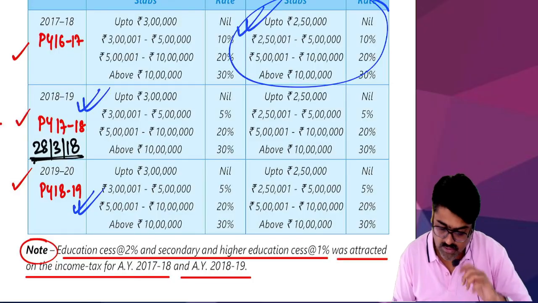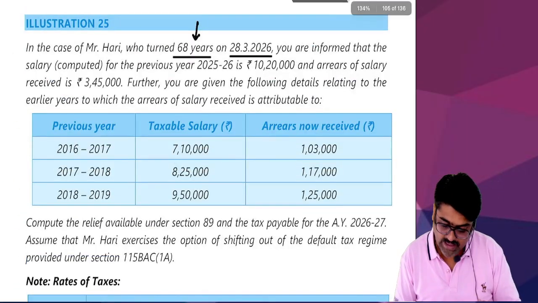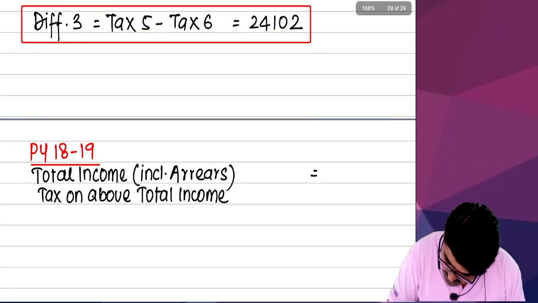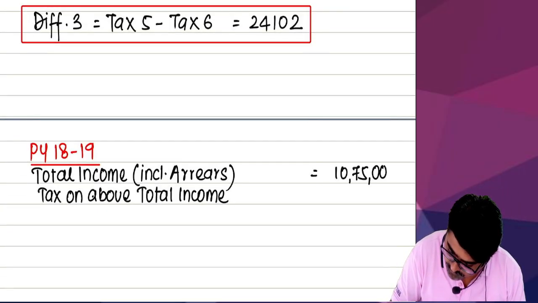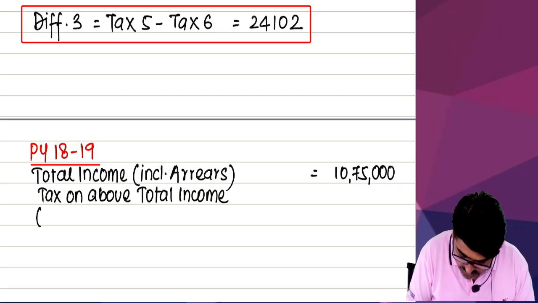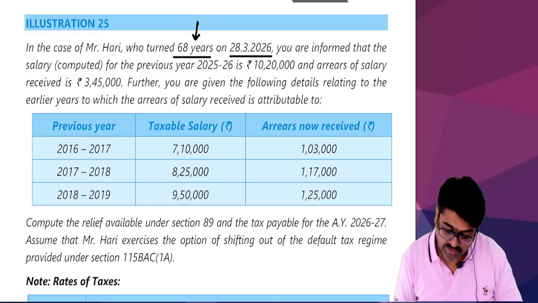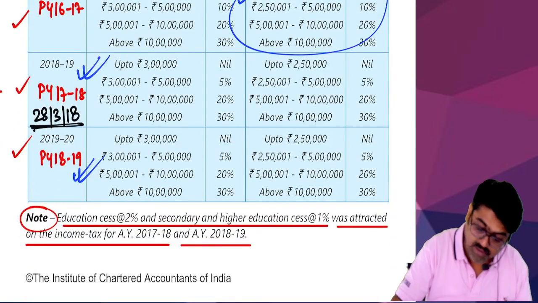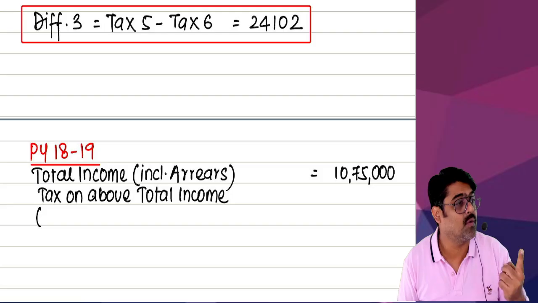What was the total income for that year? 9,50,000 plus 1,25,000, 10,75,000. Tax. Please check the rates properly. Same tax rates, no problem. But the cess will be now 4%.